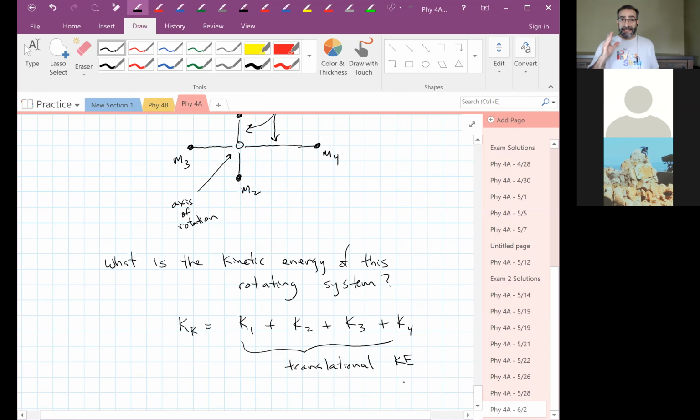We're just going to treat them at any instant in time. We can say this mass is moving with velocity v, even though we know it's rotating. We can say it's moving with velocity v, and its kinetic energy is 1/2 mv squared.